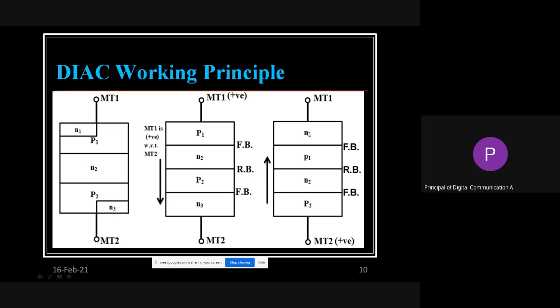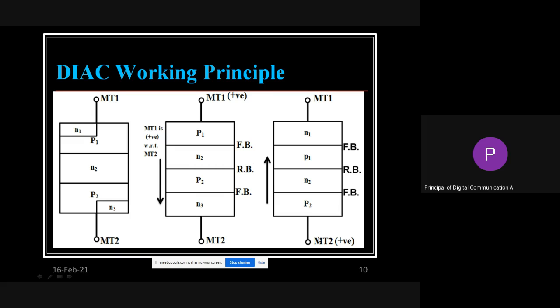These are the layers used for the flow of current. The same case happens here also: the P2 N2 junction becomes forward biased, the P1 N1 junction is also forward biased, but at the same time N2 P1 is reverse biased.